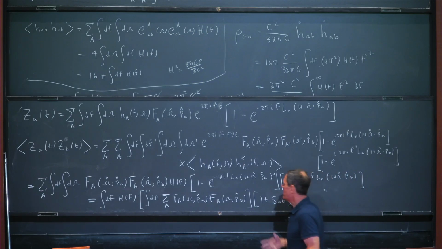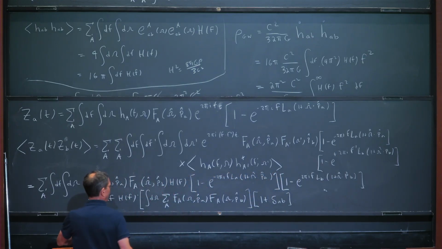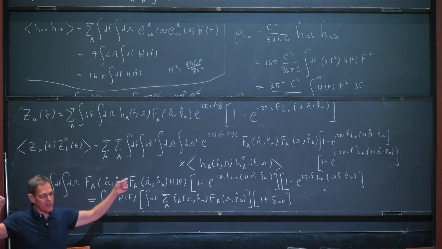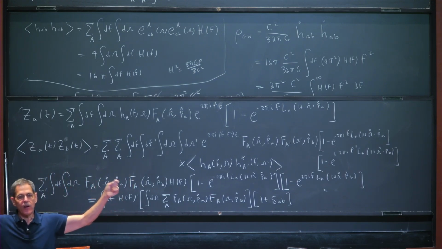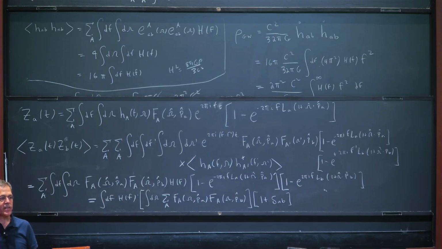So what's basically going on here is that this calculation is assuming that the two pulsars are far away from each other and far away from Earth on the scale of the gravitational wavelength of interest. So, you know, if one pulsar is 3,000 years from the Earth and the other one is 5,000 years from the Earth, they're very likely to be less than 10 years apart from one another.